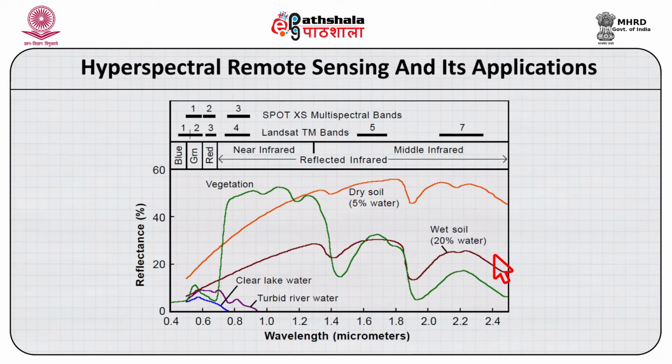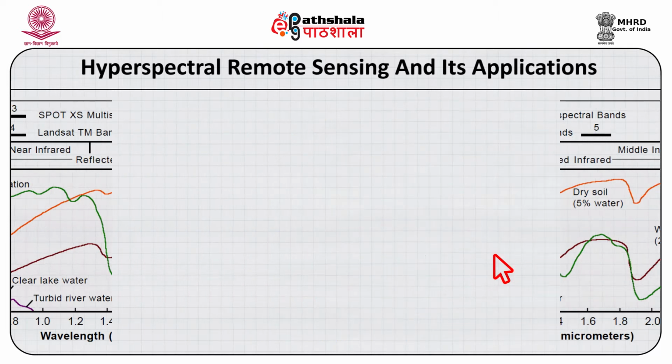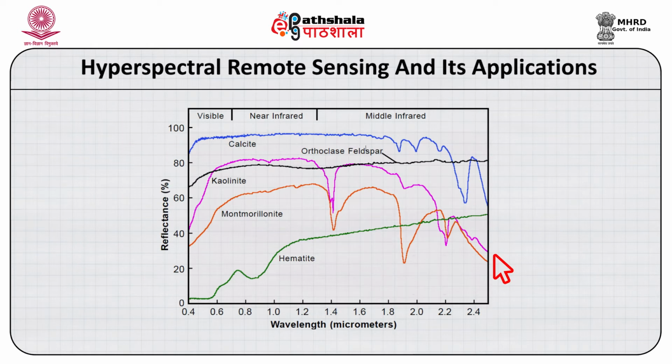If we see the next figure, figure 6, it is a very fine example of geological applications. As I said before, hyperspectral data is widely used in geological studies, mineral separation, mineral identification, and rock type identification.